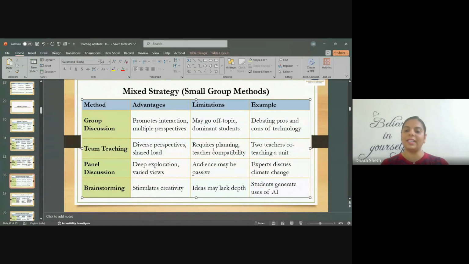So all of us are teaching the same thing, but we have divided the loads. And we have planned the sessions on which day who is going to take what topic. That is team teaching.